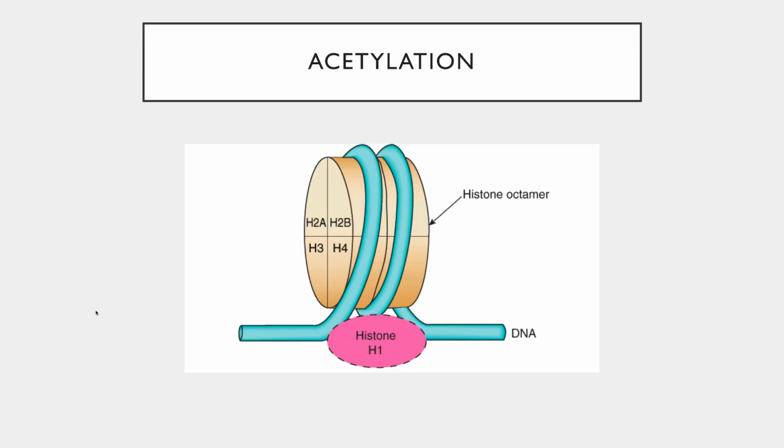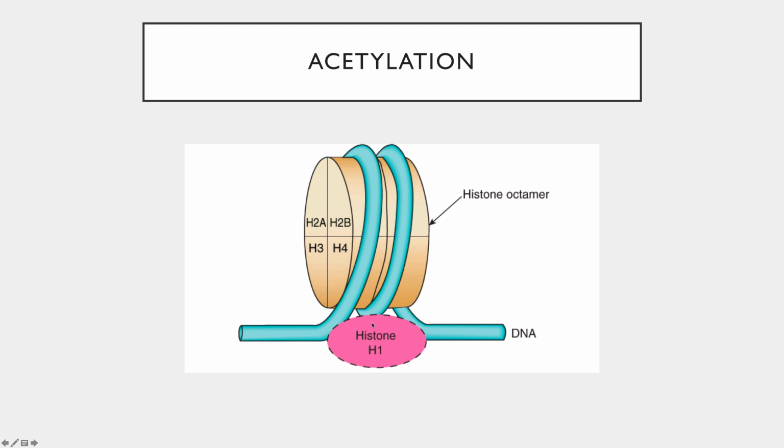Next, if we look more specifically at histone acetylation, this is a schematic showing DNA, illustrated here in this light blue color, wrapped around a histone octamer. This is how DNA is supercoiled within the nucleus. DNA is generally negatively charged, and these histone proteins are positively charged, and the attraction between those two allows for very tight binding.